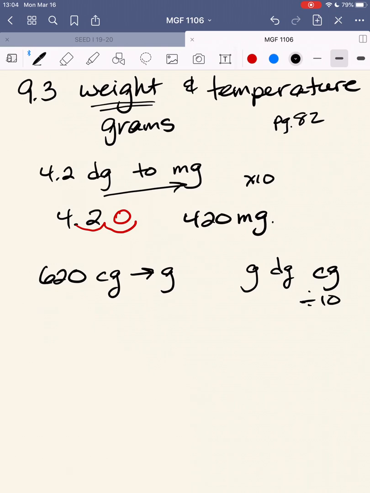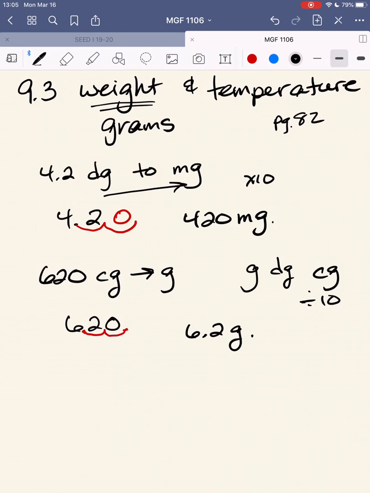So I have my 620. My decimal is at the end here, and I'm going to move that over 2 places, 1, 2. And so I have 6.2. I can drop that ending 0 grams. Easy enough. I'll leave example 2 for you to work on. That's exactly the same as when we talked about lengths, so you should be just fine with this if you could do lengths.